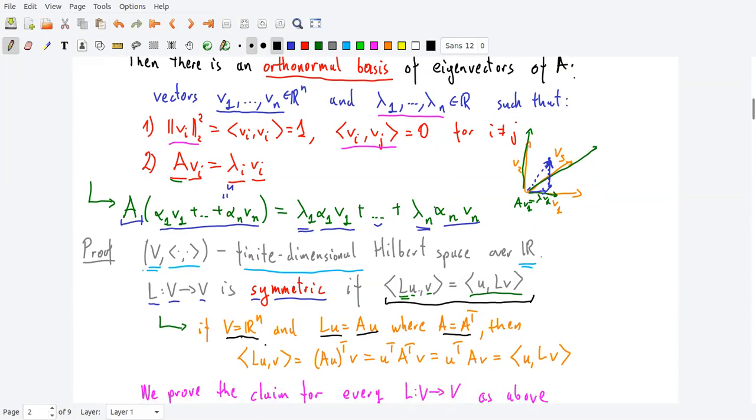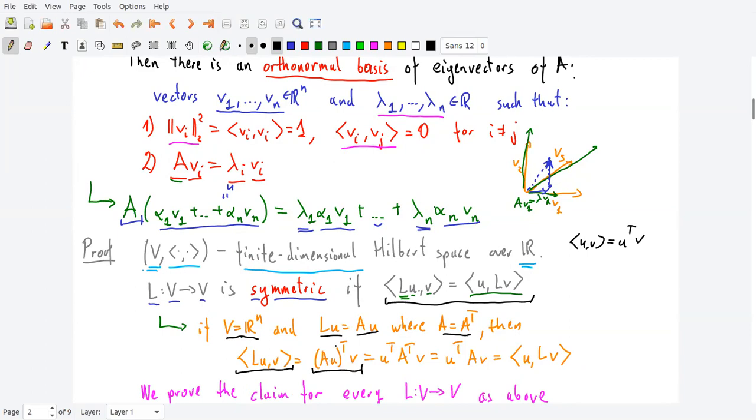Because what is the scalar product of L applied to u with v? L u is the same as simply multiplying u by the matrix A. So the scalar product of Au and v is the same as taking (Au) transpose v. That's the classical thing.